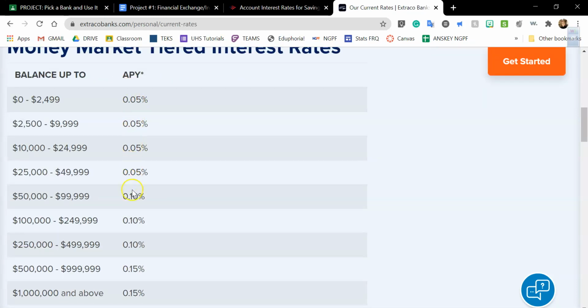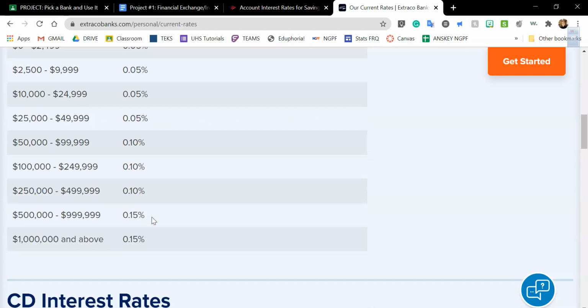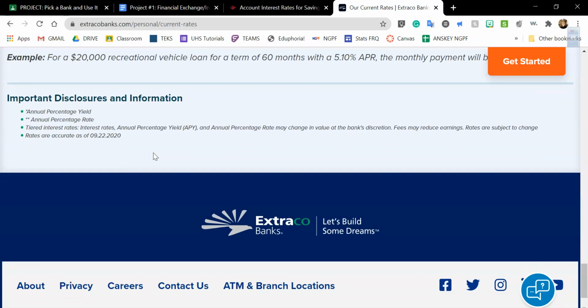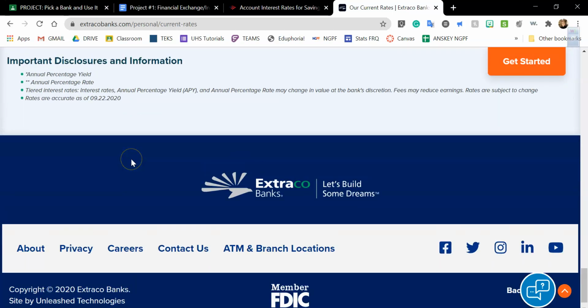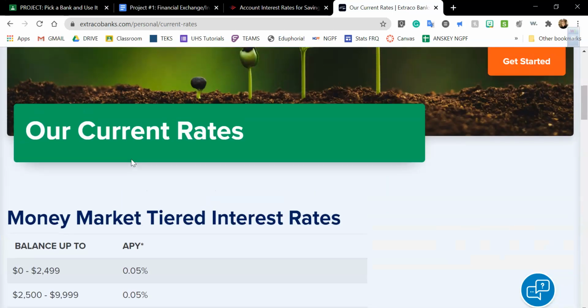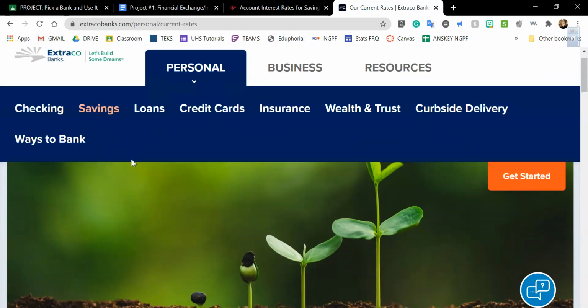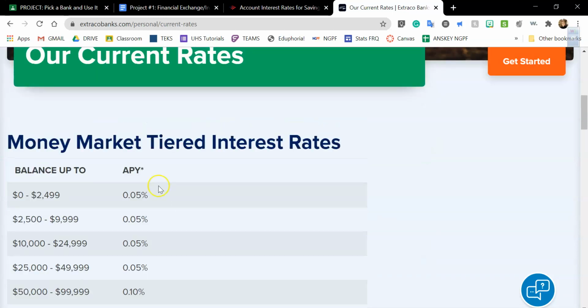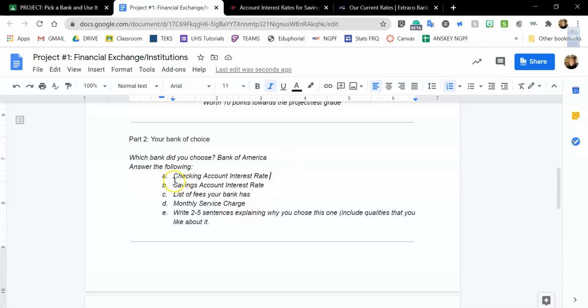You can see that this is based on how much money you have once you get over $50,000. This is for a money market. You have CD, you have auto loans, recreational vehicles. And so some places are a little harder to find. And so that's for savings. It looks like they don't have a true savings account. They have a money market account for their savings. And so you could make that little note here, and then you could put money market account if that's what you chose to do.